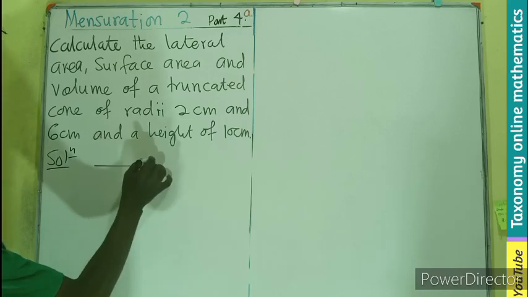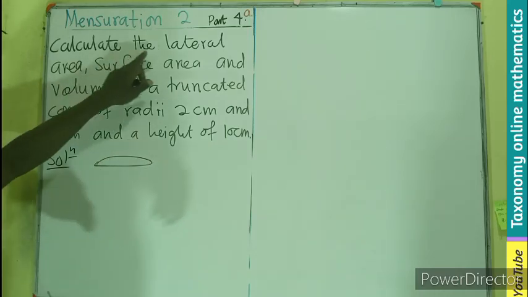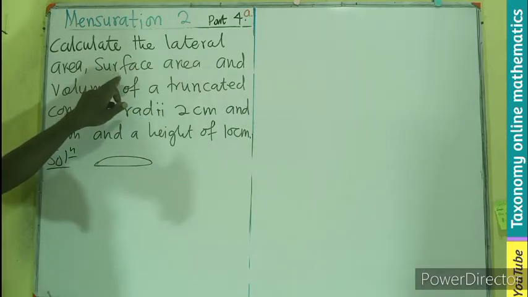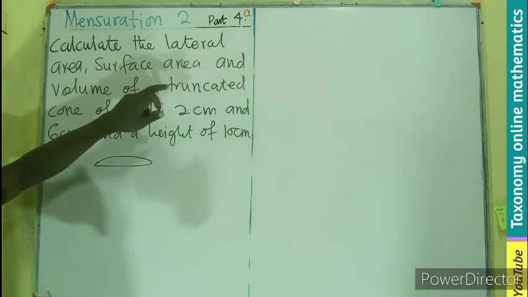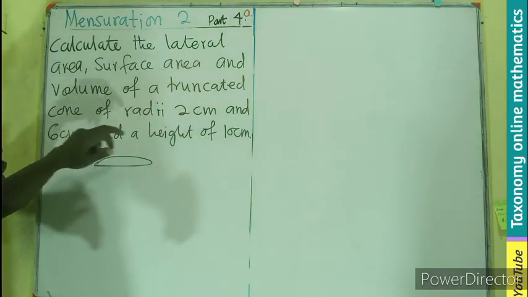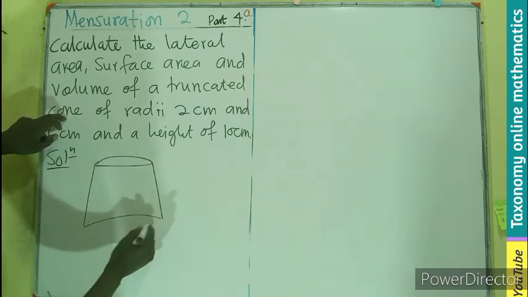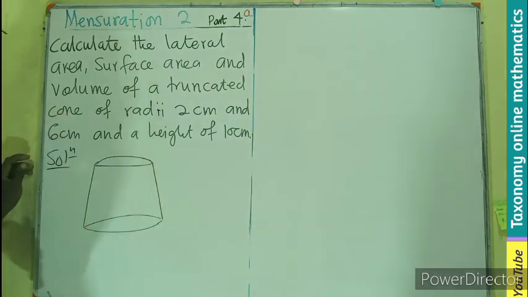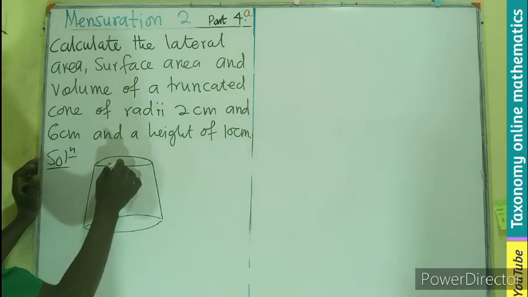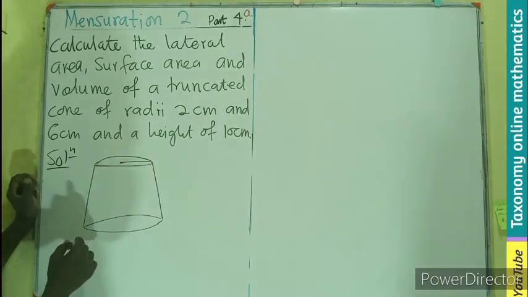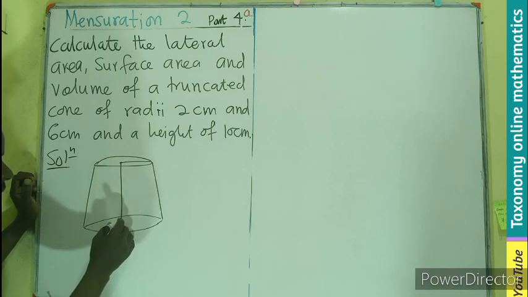So it said, calculate the lateral area, surface area, and the volume of a truncated cone. When a cone is truncated, it is a frustum. So we have this. From here to here is the radius of the upper base. This is the height.